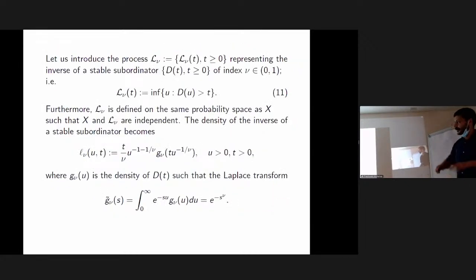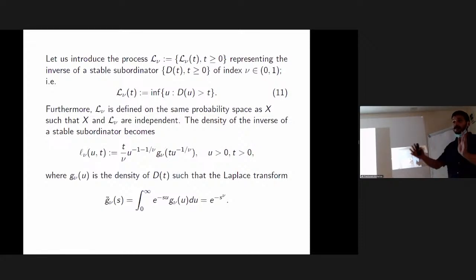Okay, finally, preliminary for the main result. I need a last preliminary. I need to introduce the definition of the inverse of a stable subordinator. As you know, there is a fundamental connection between the time fractional derivative and the inverse of a stable subordinator.